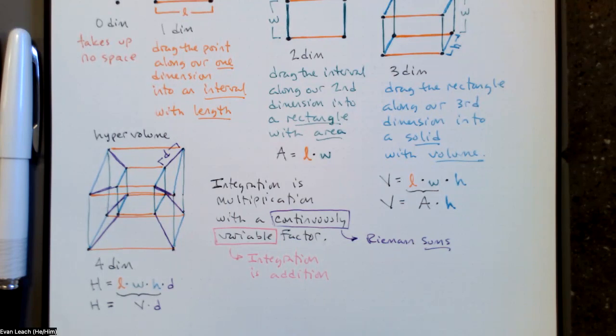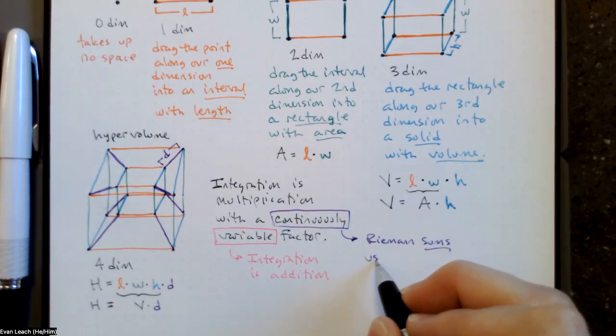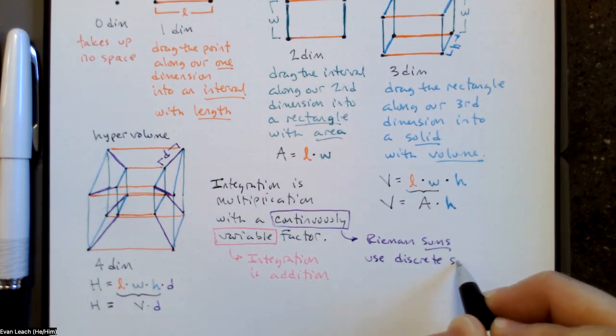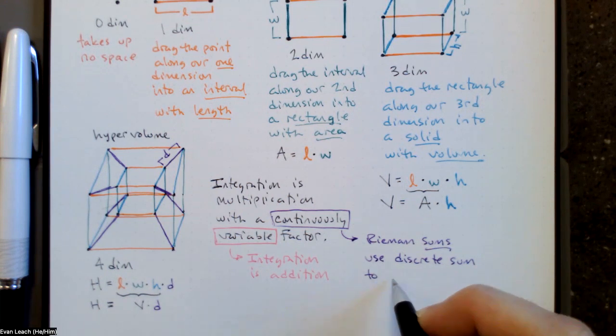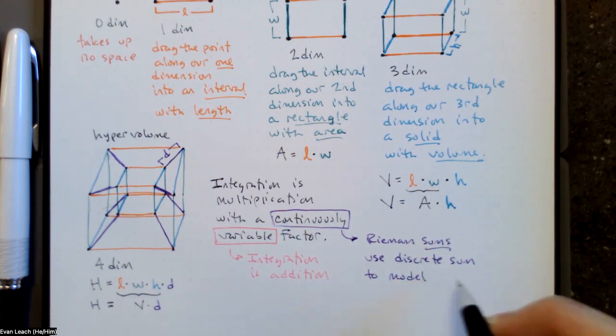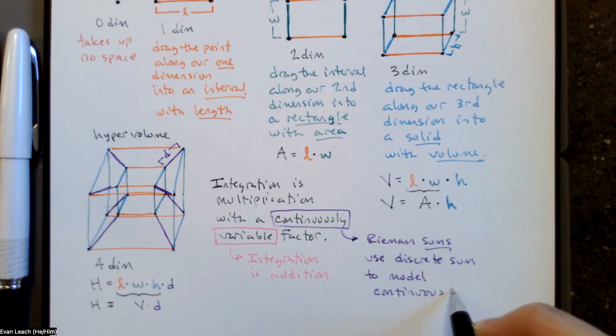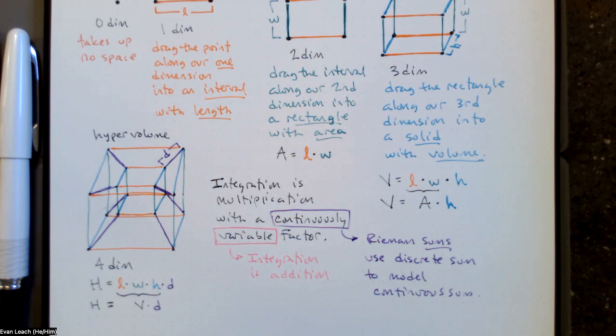We're using a discrete sum to model a continuous sum.